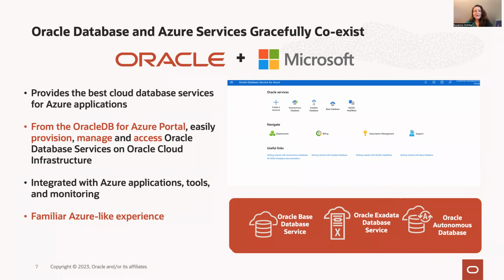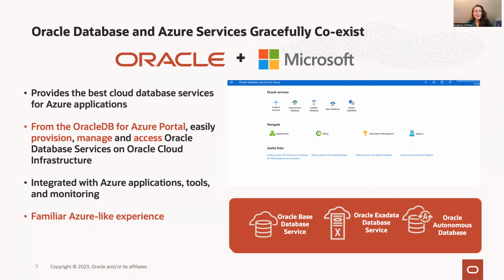As part of that strategy, later last year in July, we then brought out Oracle Database Service for Azure as well. So this is really providing you as the customer the best cloud database services in the industry to connect with Azure applications, remove any friction, make it very, very simple.